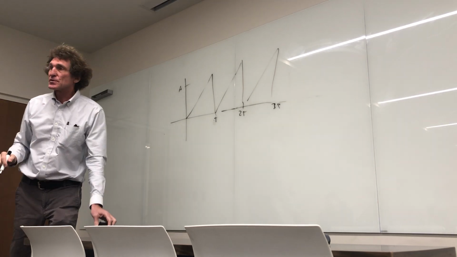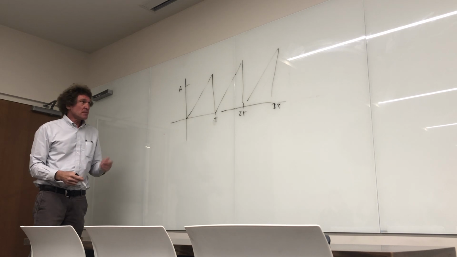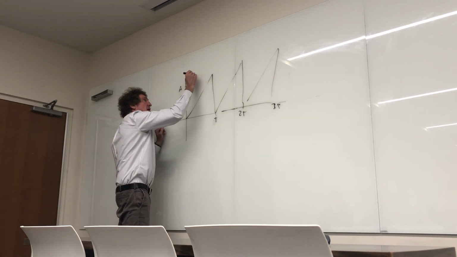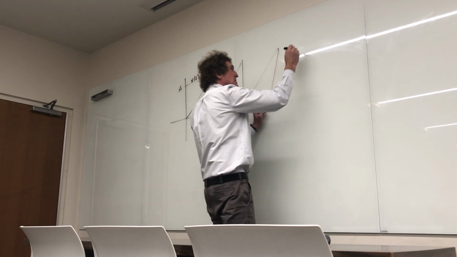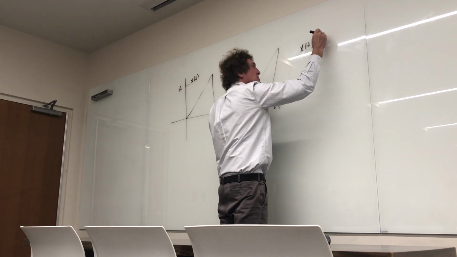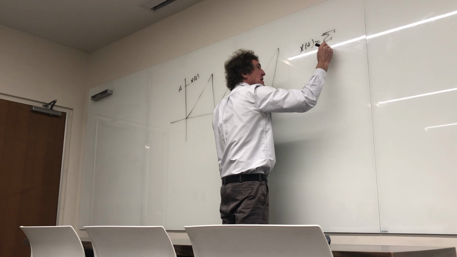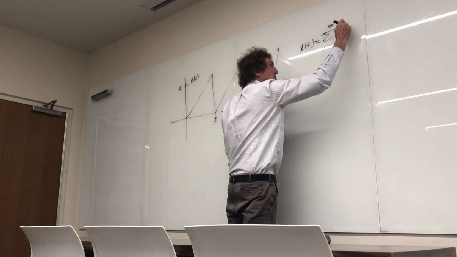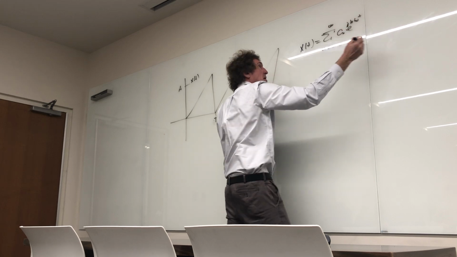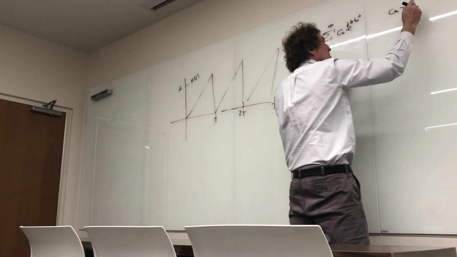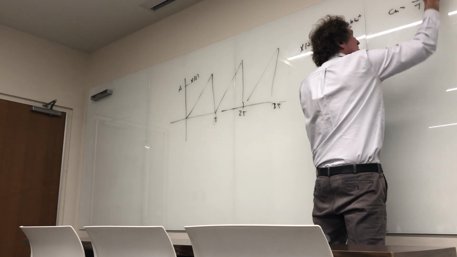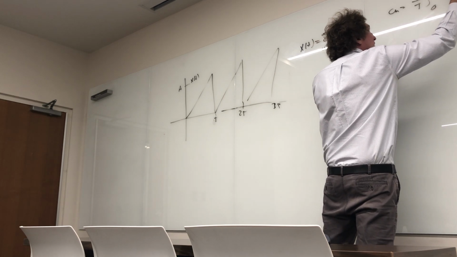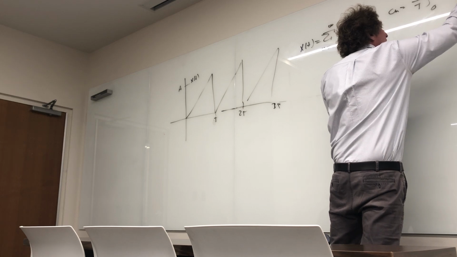Now, the way I recommend you do it, you could do it by integration by parts, because I want to take this x of t and get x of t equals a summation from n equals minus infinity to infinity of c of n e to the j n omega naught t, where c of n equals 1 over t, the integral from 0 to t, of x of t times e to the minus j n omega naught t dt.